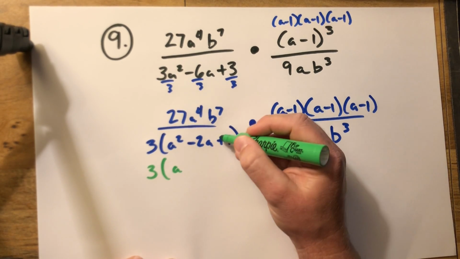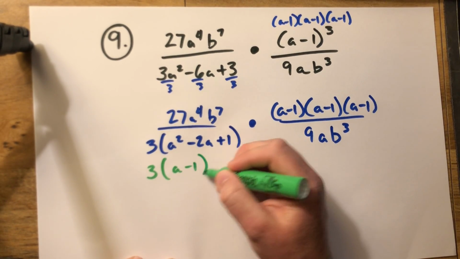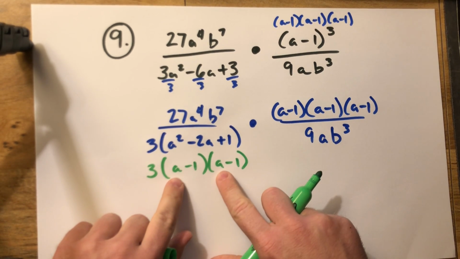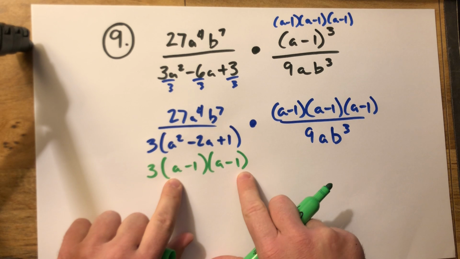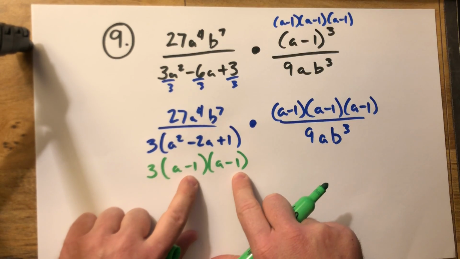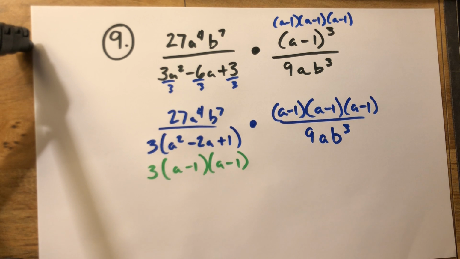A, remember, same as the first, a minus 1 and a minus 1. Let's double check that. A squared, negative 1a, make negative 2a. Negative 1 times negative 1 is positive 1. Looks good. Now let's continue to simplify, or start to simplify, I should say.